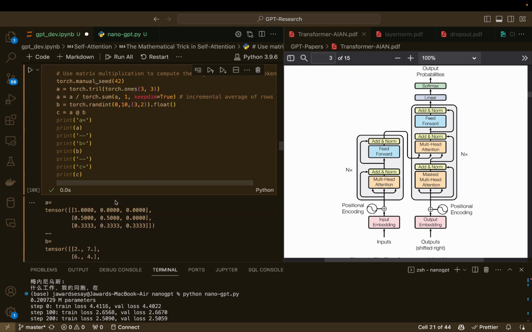What that means is that all the upper part of the diagonal of the matrix will be zeros. For example here, all these values are zeros, so these are all the upper parts of it, and the lower part will only be the part with values here. So this can help us prevent the tokens from talking to the future tokens, as you can see here.